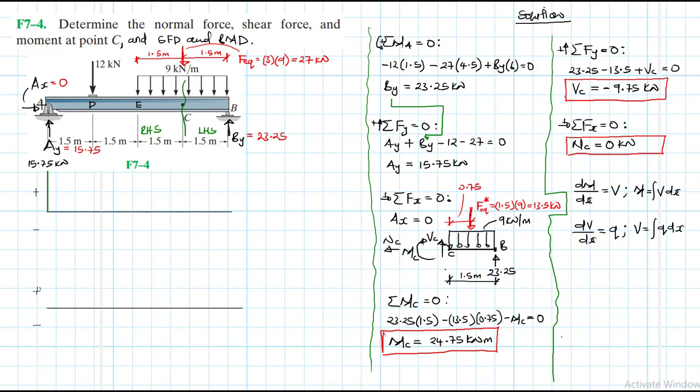When we look at the region between A and D, this region has no force, and by force I mean no distributed force. So our distributed force is equal to 0. And if that is the case, we expect the slope of the shear diagram, dV/dx, to be equal to 0. So that is just going to be a straight line to D. And the moment we reach D, we have a force of 12.